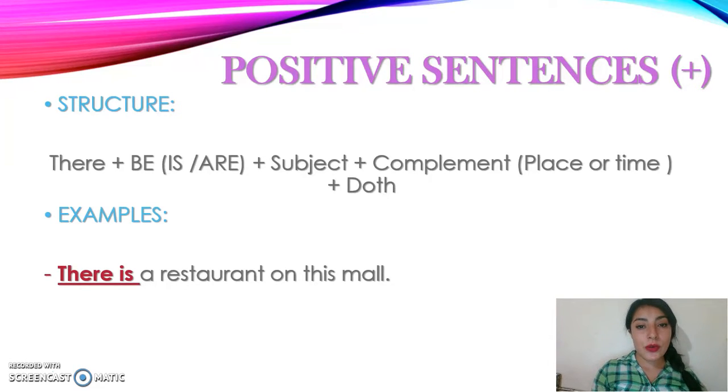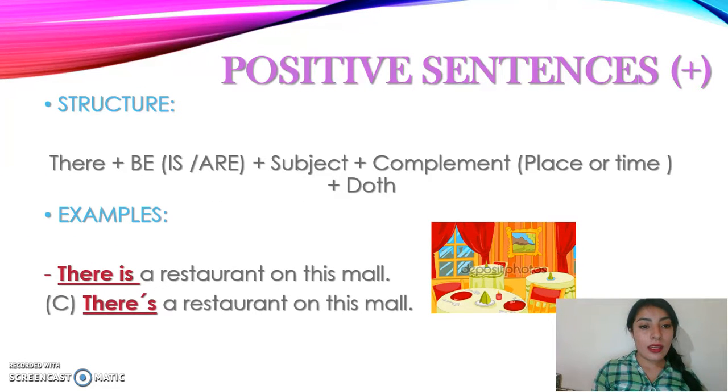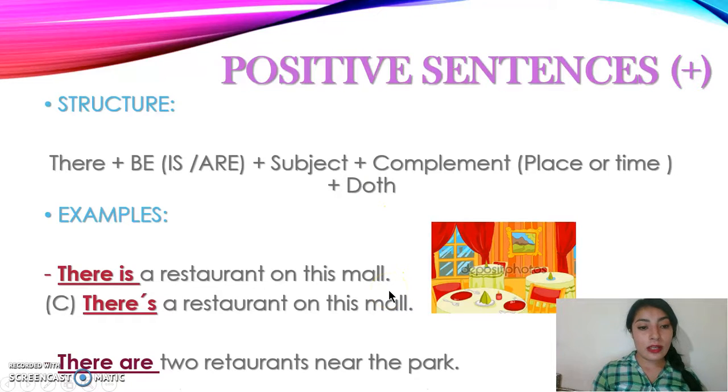There is a restaurant in this mall. In the contracted form: there's a restaurant in this mall. So we have here there plus be, a subject, a restaurant, a complement of place, in this mall. And an example with there are: there are 2 restaurants near the park.